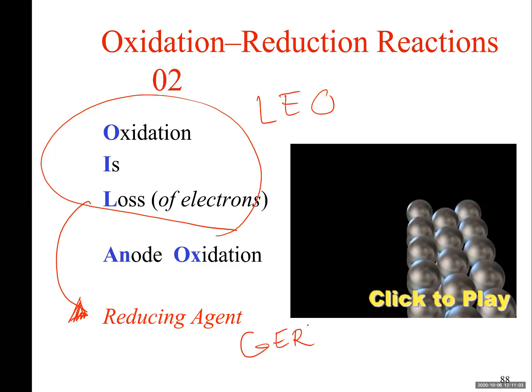So gain and loss are opposite to each other. When you see the -ing, it means what is this reagent doing to the partner? If it is oxidized, it causes reduction. If it is losing electron, it causes gain of electron by the other partner.